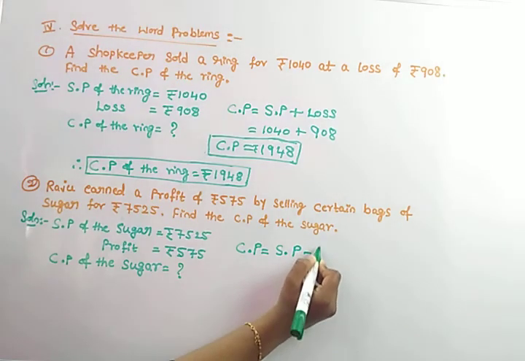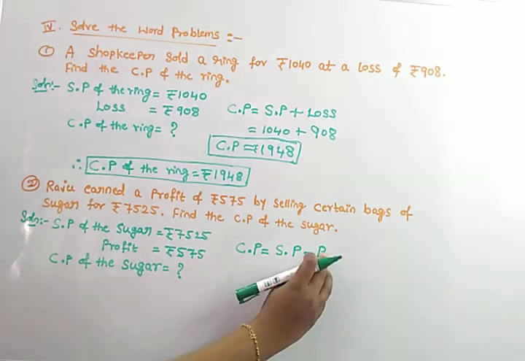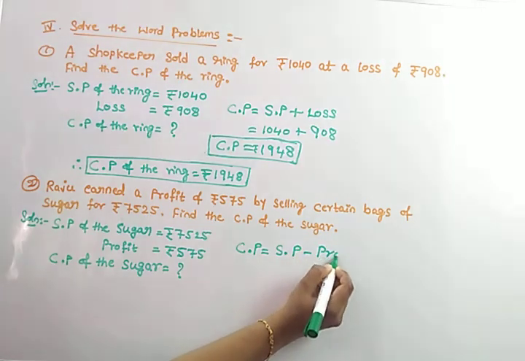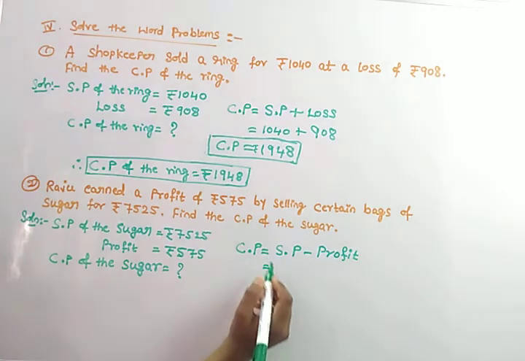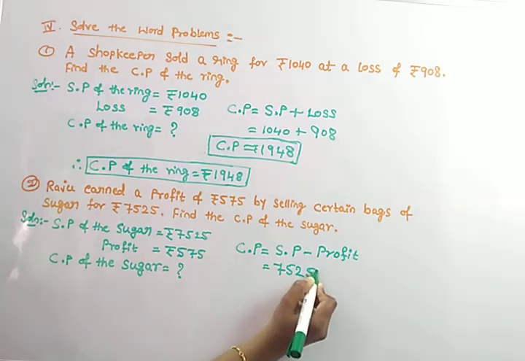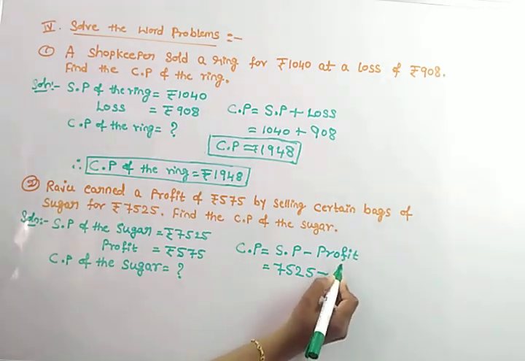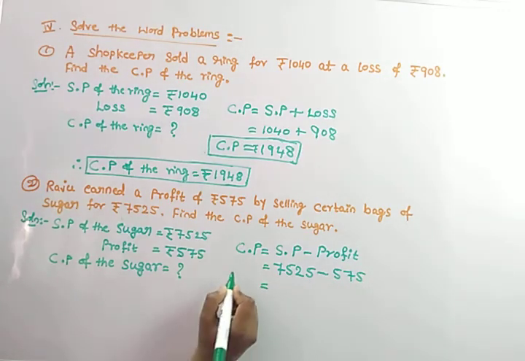SP, that is selling price, minus profit. Then the selling price is 7525 minus the profit 575.